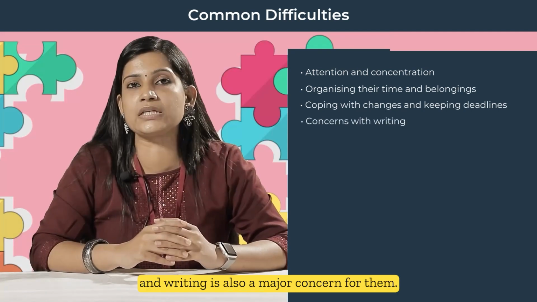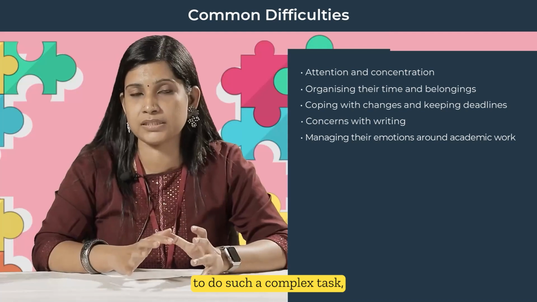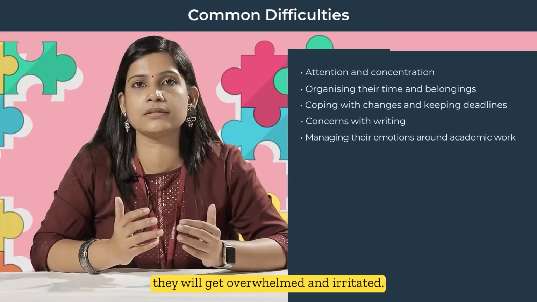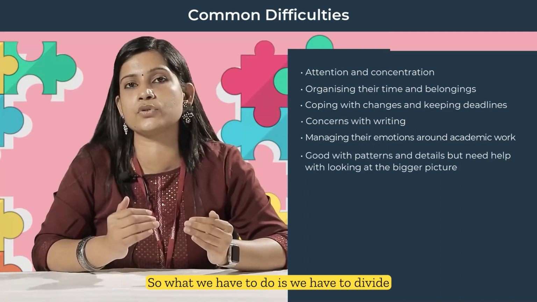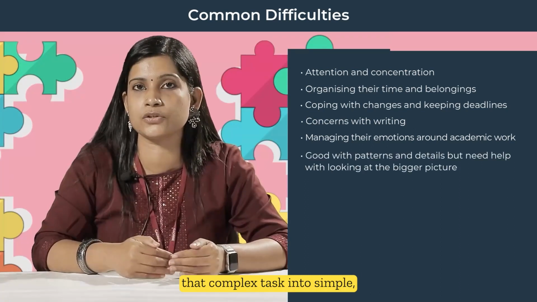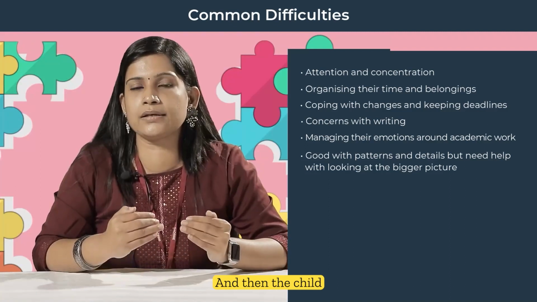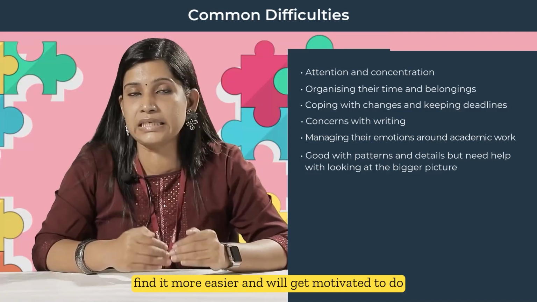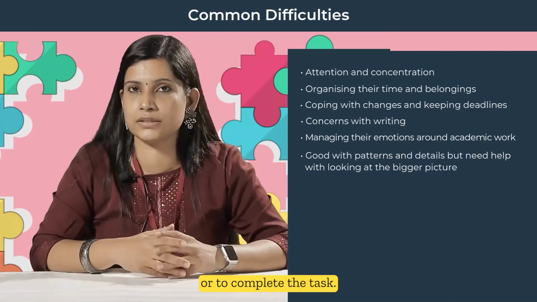Writing is also a major concern, and if you force them to do such a complex task, they will get overwhelmed and irritated. So what we have to do is divide that complex task into simple, smaller, doable ones, and then the child finds it easier and will get motivated to complete the task.